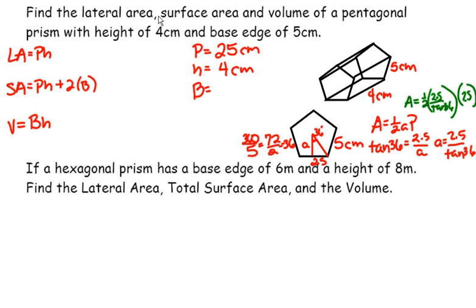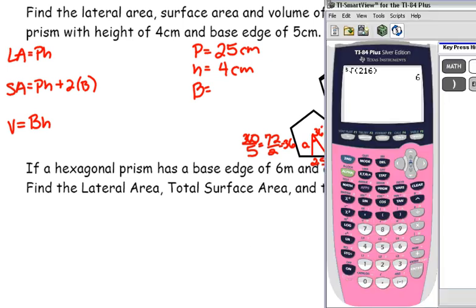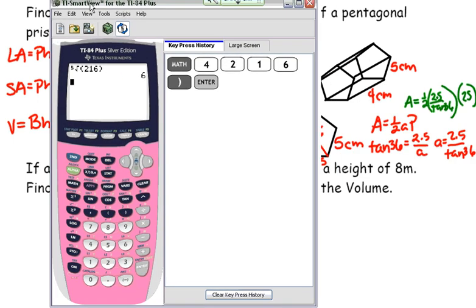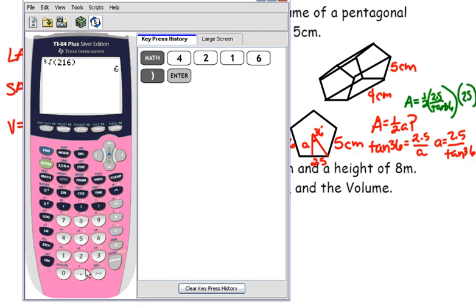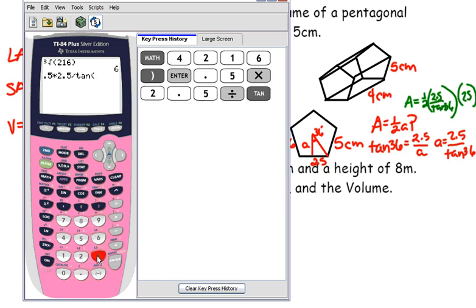All right, so let's break out our calculator and type all of that in. So 0.5 times 2.5 divided by tangent of 36, close my parentheses, and I forgot to put parentheses around that, so that's okay though, times 25.